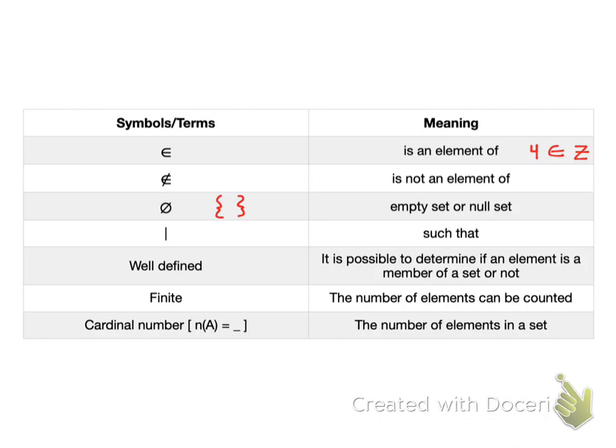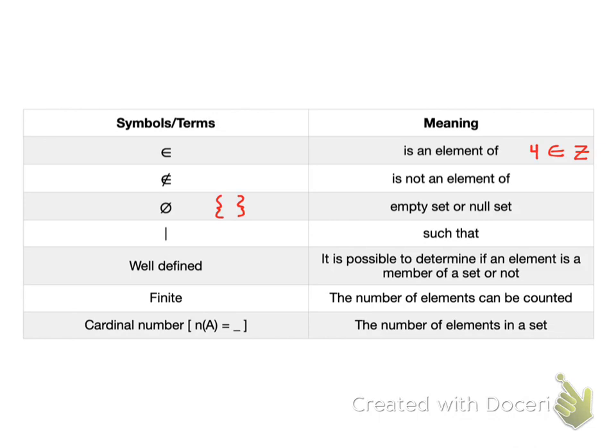When we get to subsets in a few minutes, we will talk about how the empty set is technically a subset of every set because it's contained in every set, because there's nothing in it and there's nothing to contain.